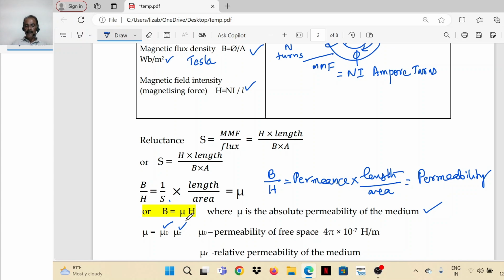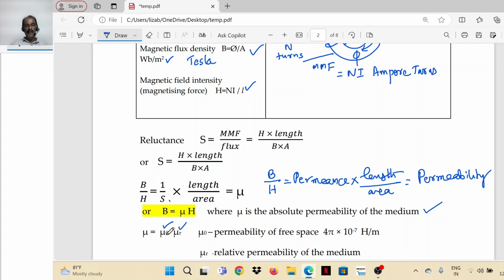In most cases for these magnetic materials, only relative permeability will be given. Its absolute permeability we can find out by multiplying it with the permeability of free space.